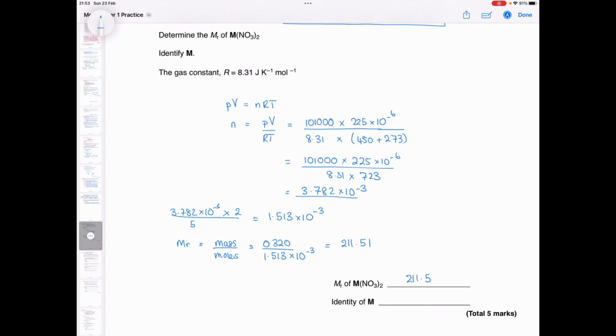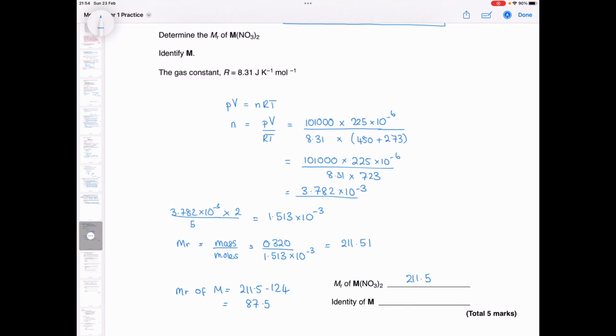That gives me 124. So that's 211.5 minus 124, and that gives me 87.5.